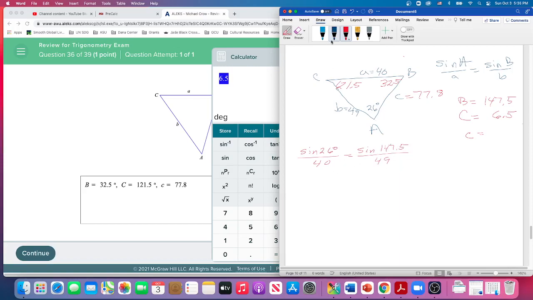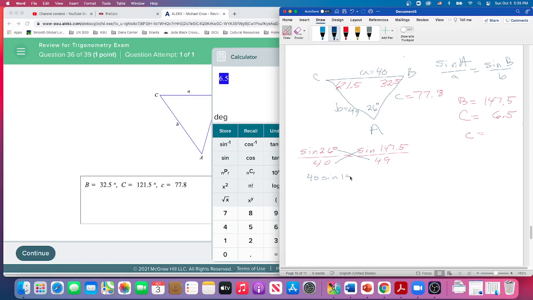Let's see if that still works. It's supposed to. So we cross multiply.